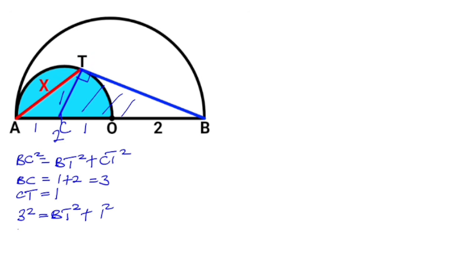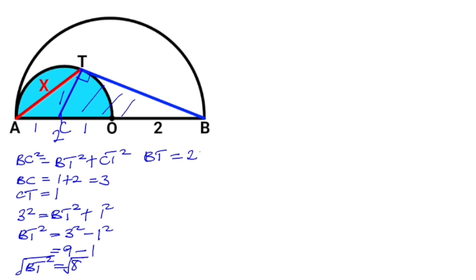Rearranging this will give us BT squared is equal to 3 squared minus 1 squared. 3 squared is equal to 9, and 1 squared is equal to 1. 9 minus 1 is equal to 8. So, BT squared is equal to 8. Taking the square root of both sides will give us BT is equal to 2 times the square root of 2.